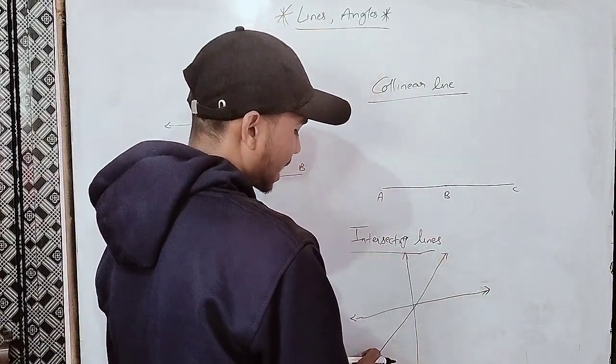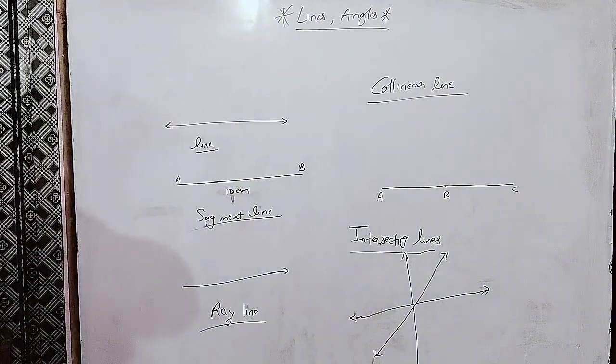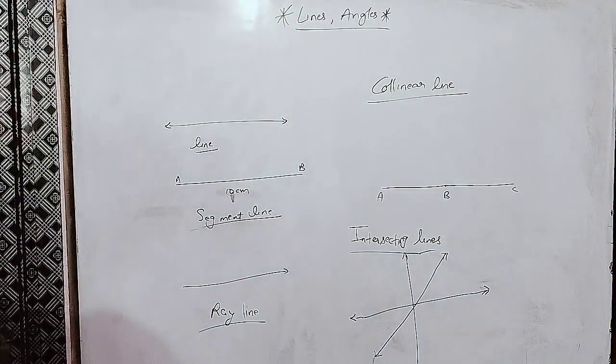But one line cannot intersect itself. So again I am telling you that we should have two or more lines to intersect, to interconnect.